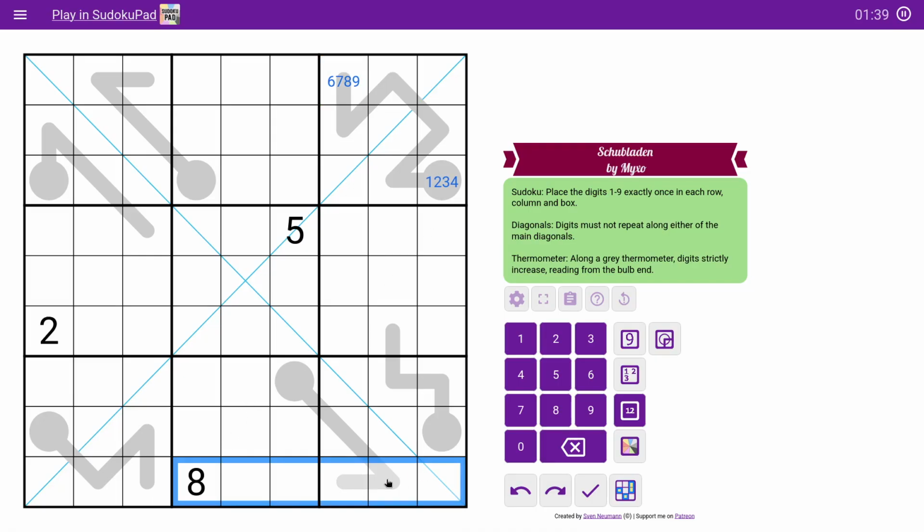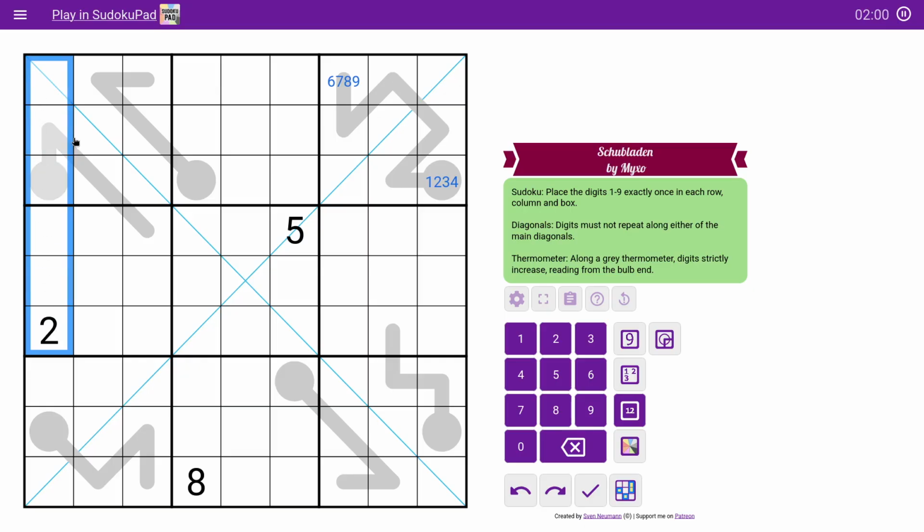Looking at high digits on a thermometer, I don't see anything with some symmetry here. Doesn't look useful.